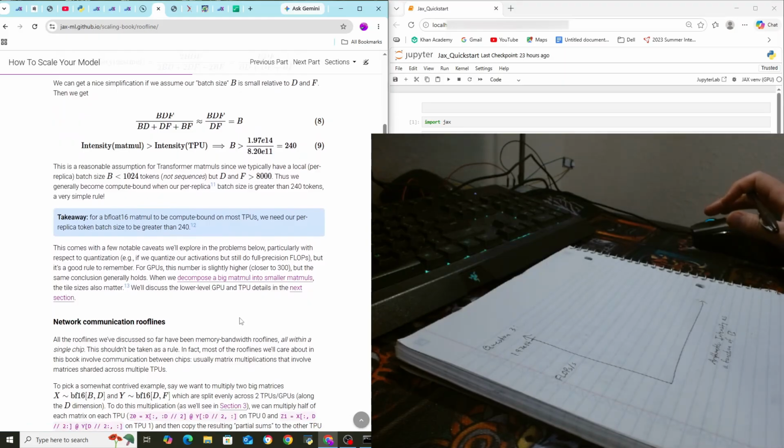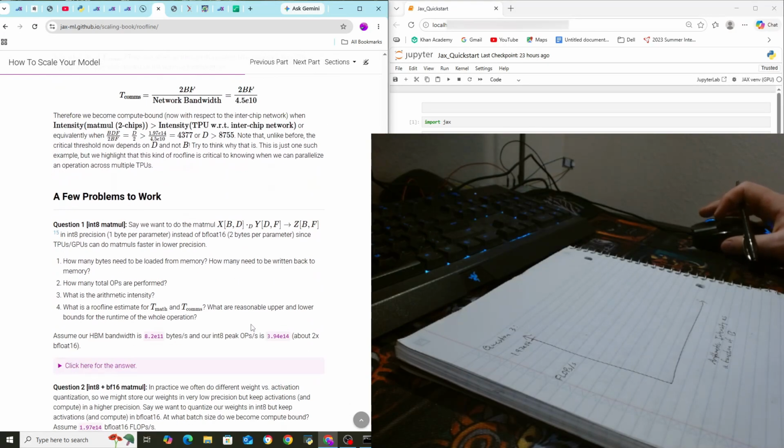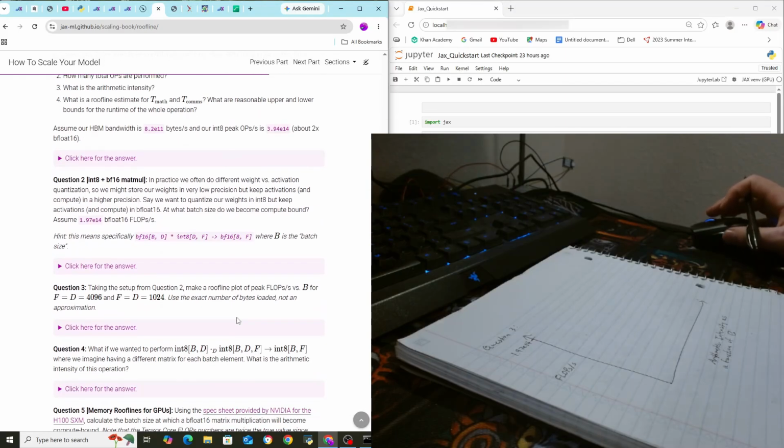So how exactly should we graph this? We need to have a line or a boundary when we become compute bound. So when B exceeds 120 tokens, or really when our equation for arithmetic intensity exceeds that.